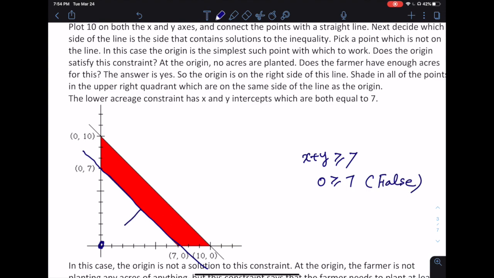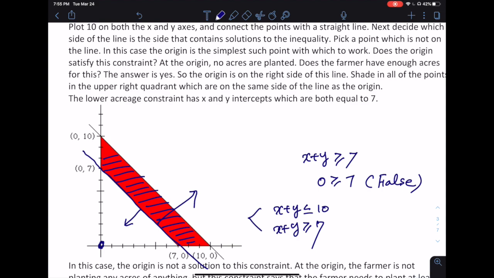So therefore, you should not include this side, but you have to include the other side. So now what do we have? We have a common area based on x plus y less than or equal to 10 and x plus y greater than or equal to 7. And we have this feasible region so far.